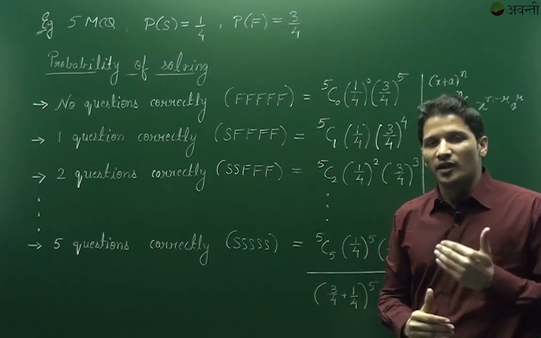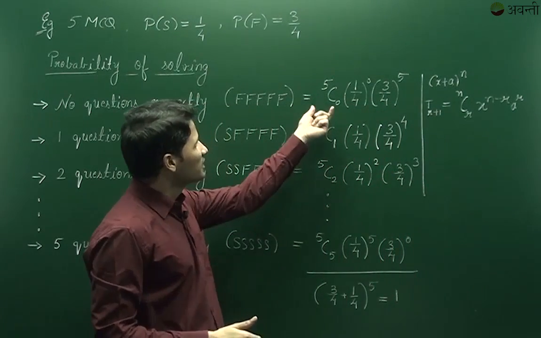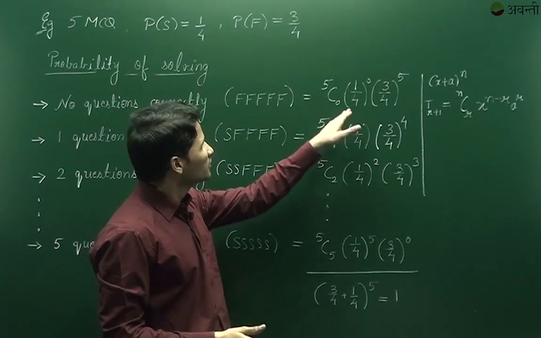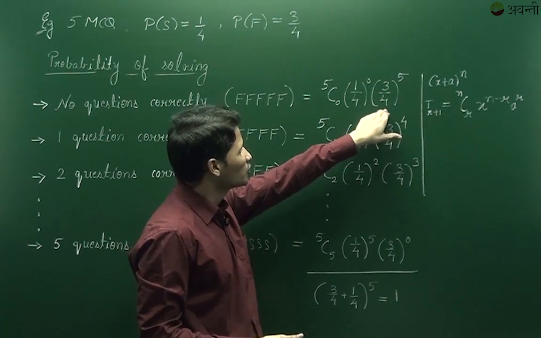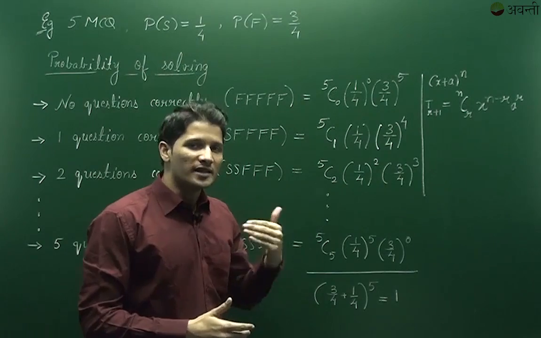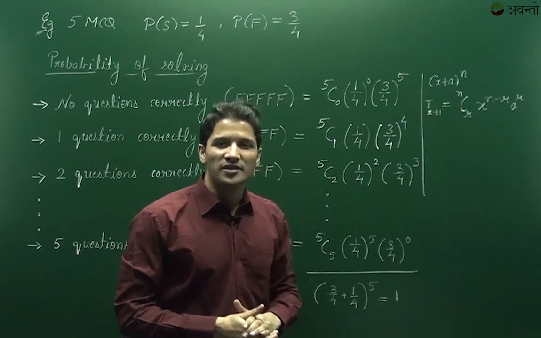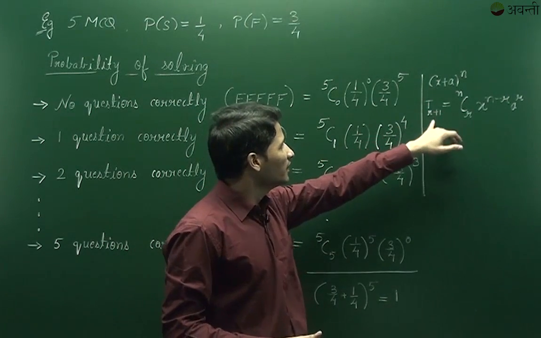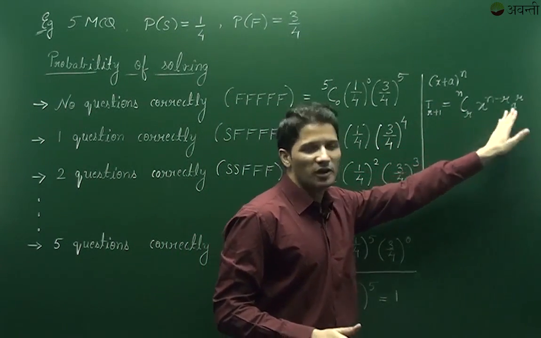And now if you look at these terms very closely, the first term is 5C0, then this term is (1/4) raised to power 0, and this term is (3/4) raised to power 5. Now if you consider expansion of (x + a)^n, and if you write the general term of this expansion, then we have T(r+1) = nCr x^(n-r) a^r.